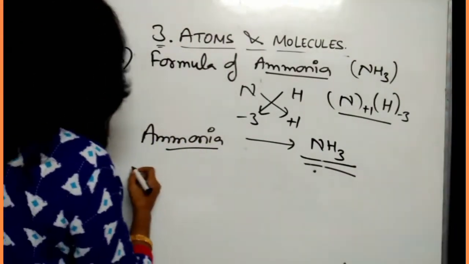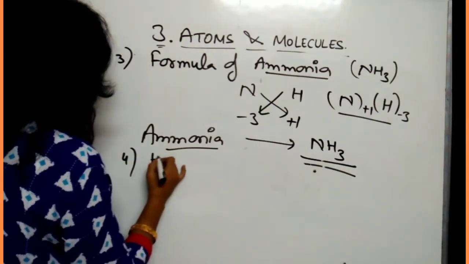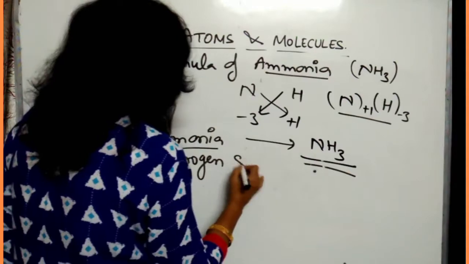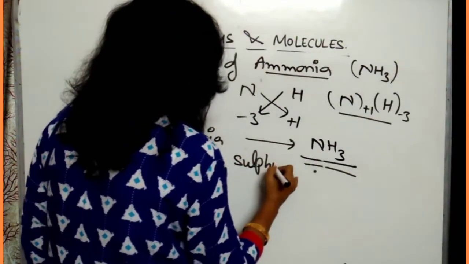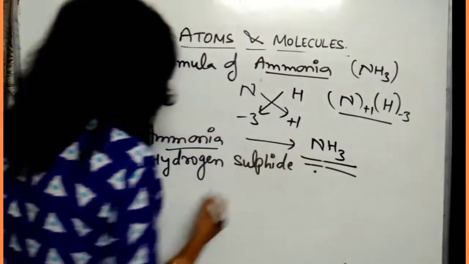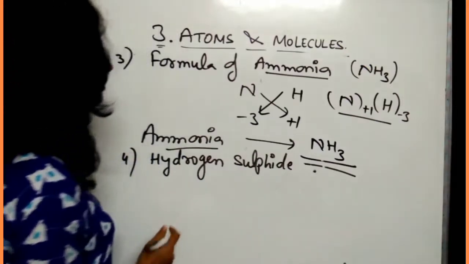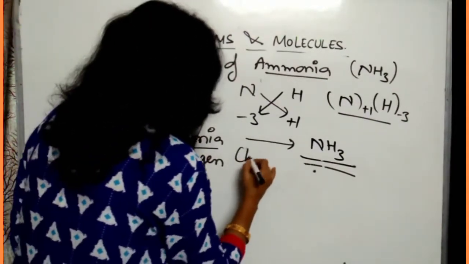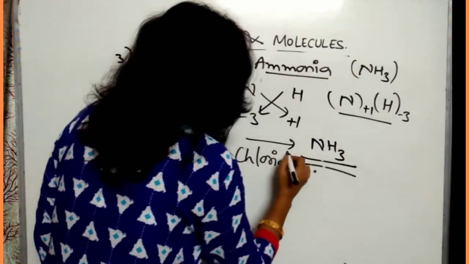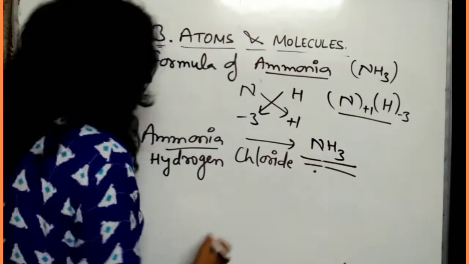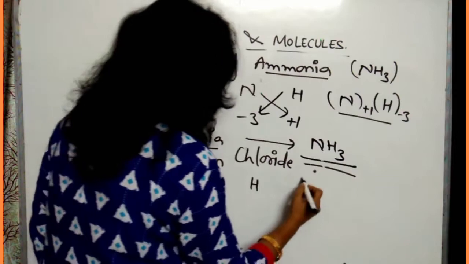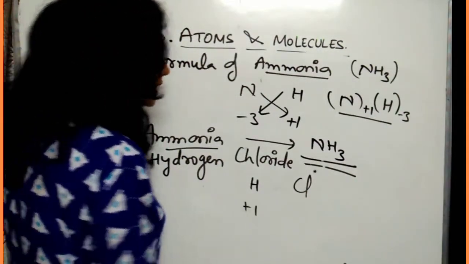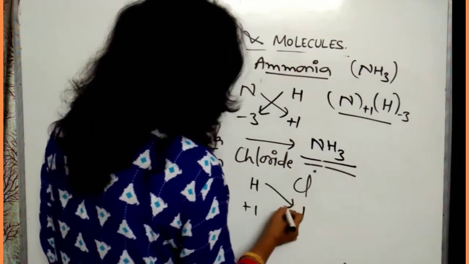Now next we can write the formula of hydrogen chloride. Hydrogen sulfide we have done. Hydrogen chloride contains hydrogen and chlorine. It has +1 valency and -1 valency.